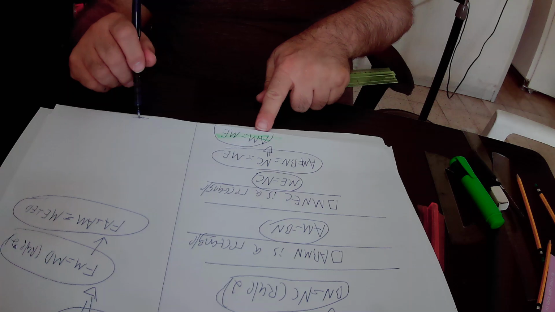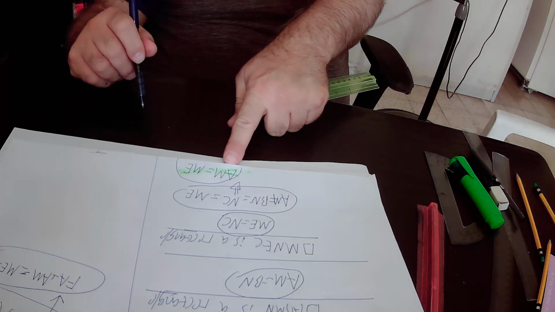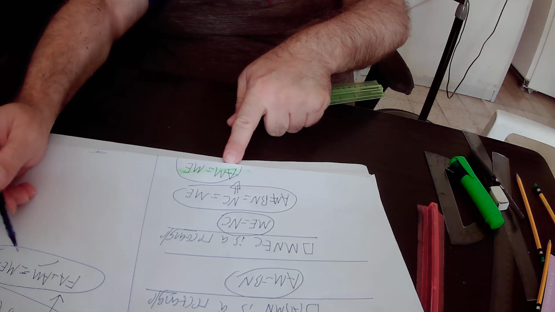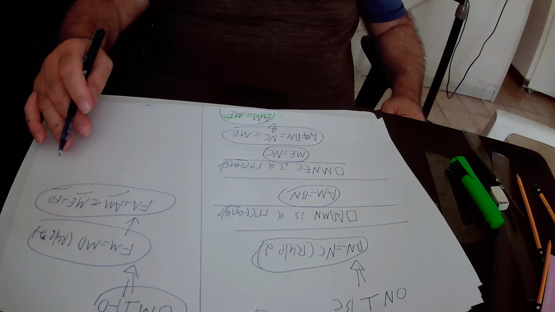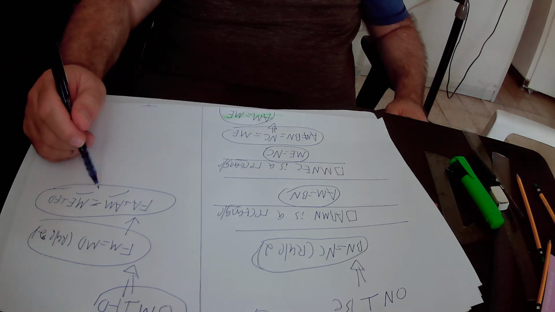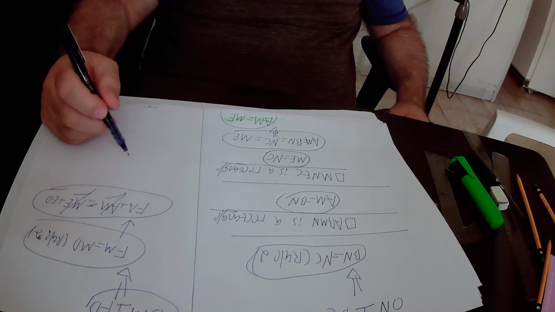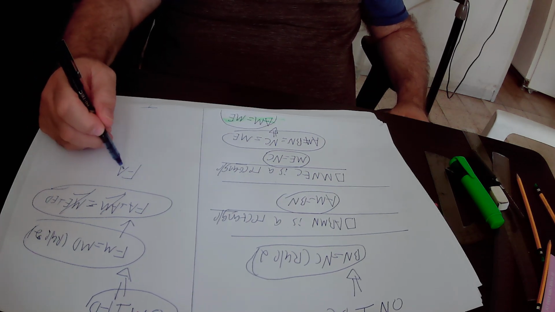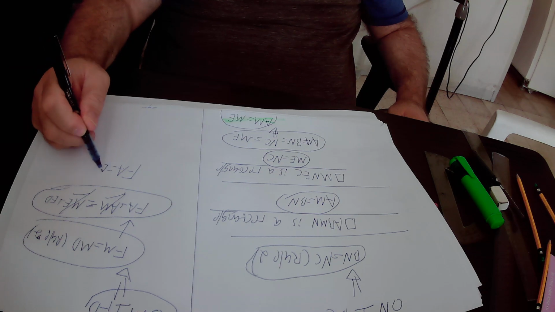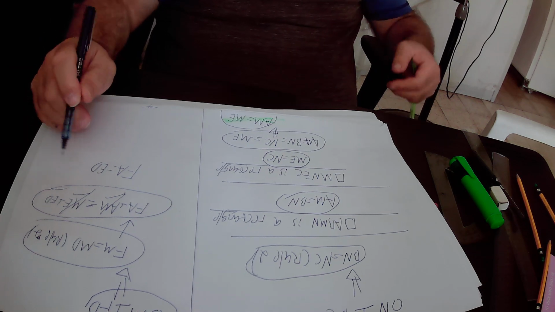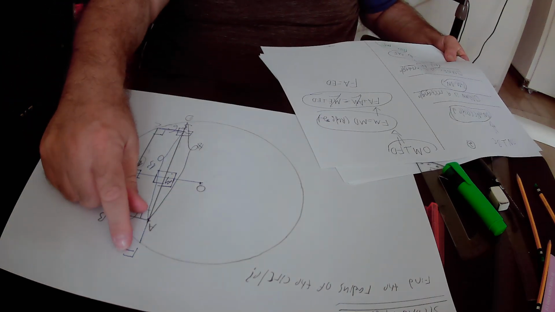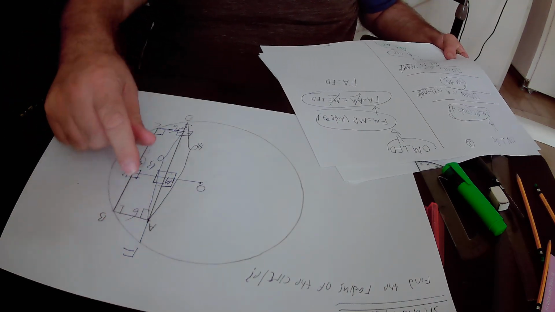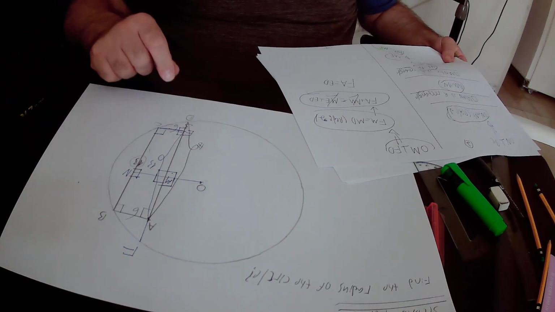But we have already found out that AM equals ME. Therefore AM and ME will get cancelled because they are equal to each other, and we are left only with FA that is equal to ED. FA equals ED. Here you can see this line segment FA is equal to ED.